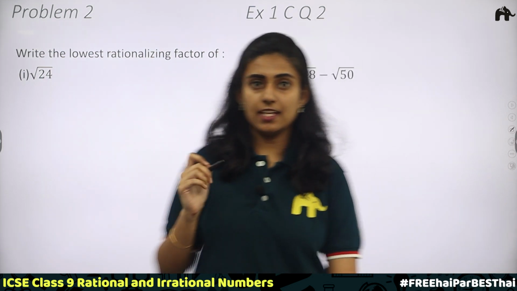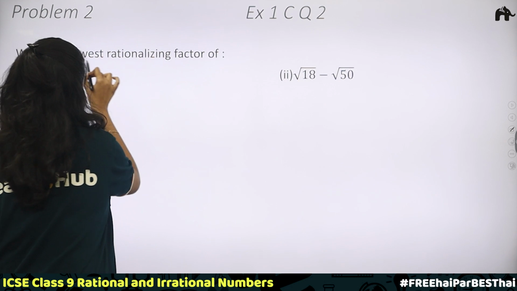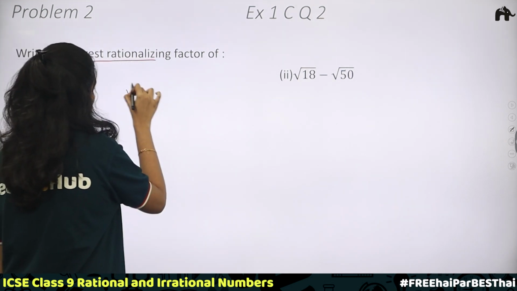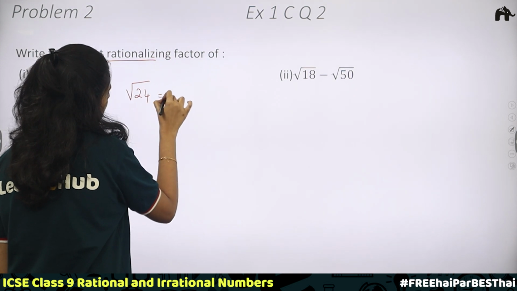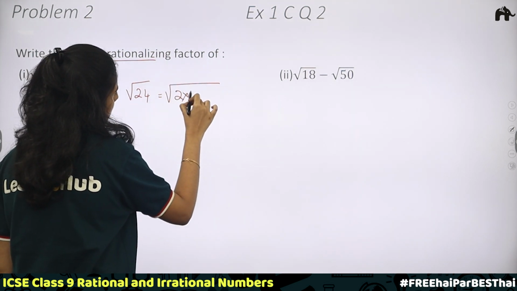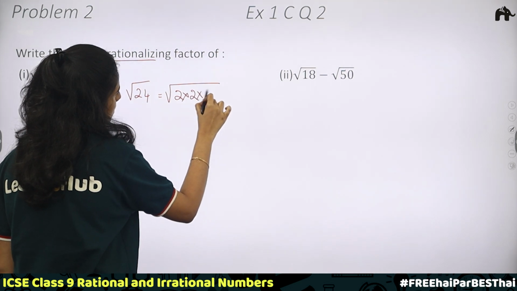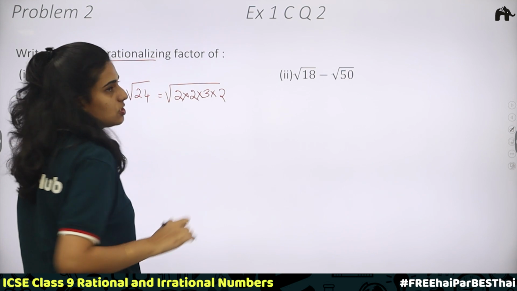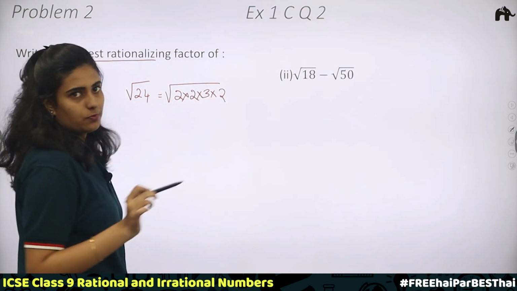So first one, let's take to find the lowest rationalizing factor. Lowest rationalizing factor and the least rationalizing factor are the same. So root 24. This can be written as root of 2 into 2 into 3 into 2. 2 2s are 4, 4 3s are 12, 12 2s are 24. Okay.